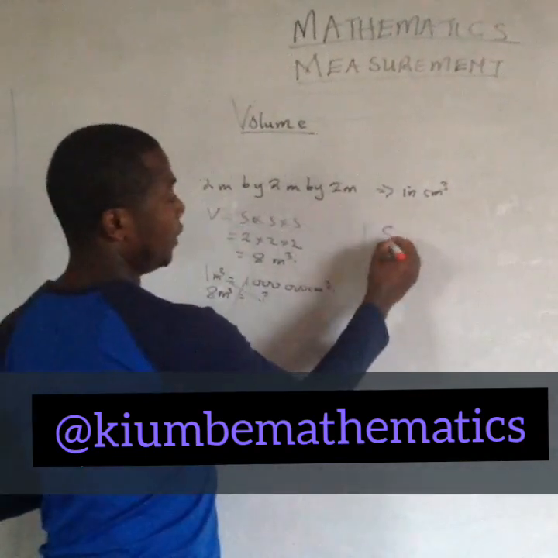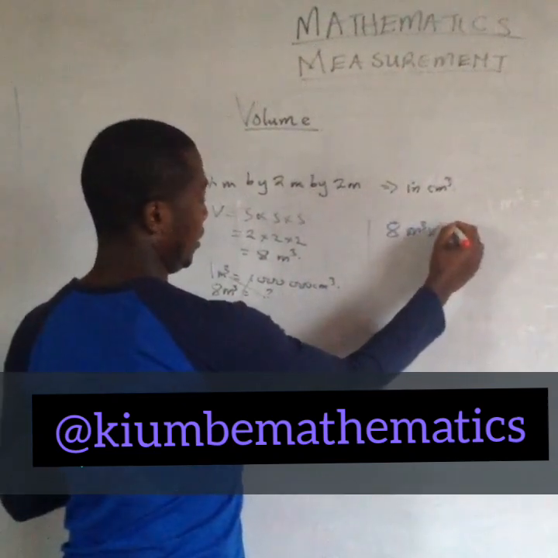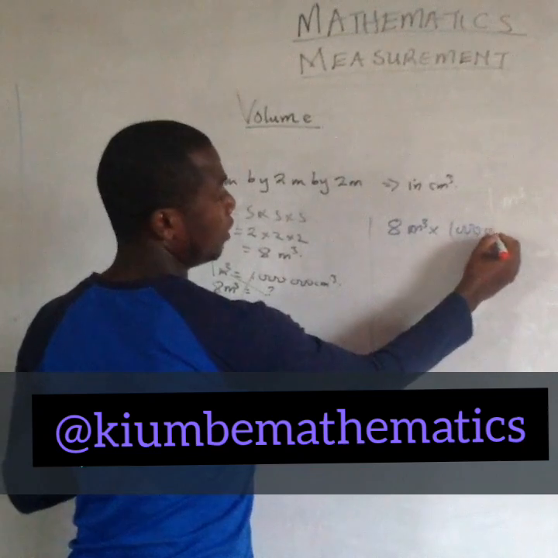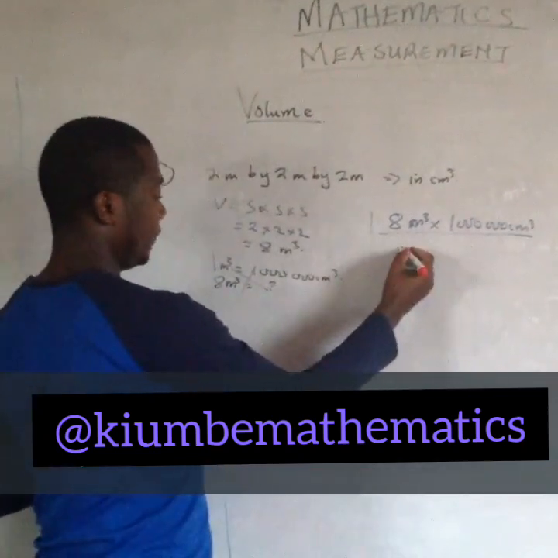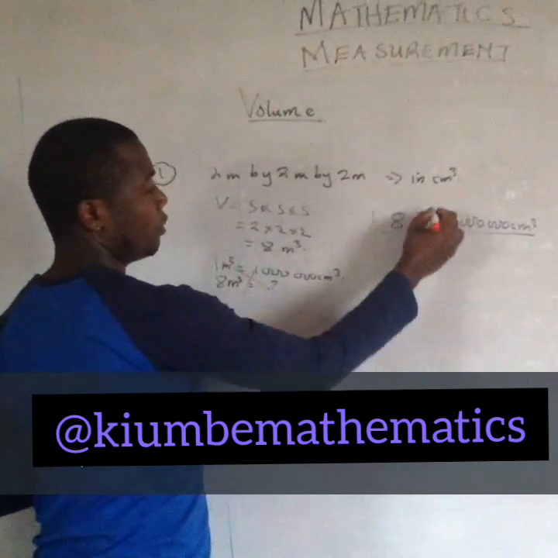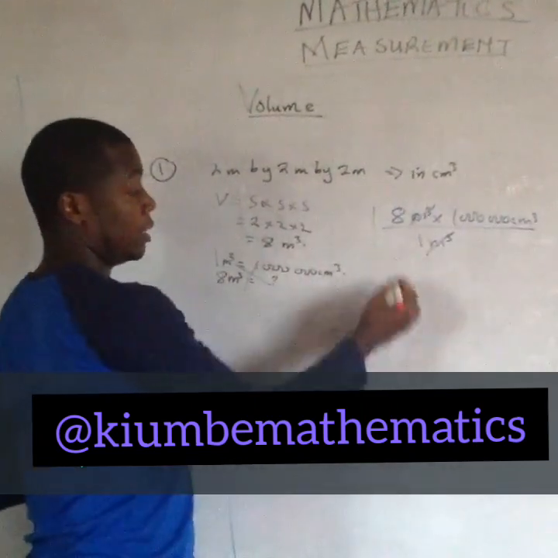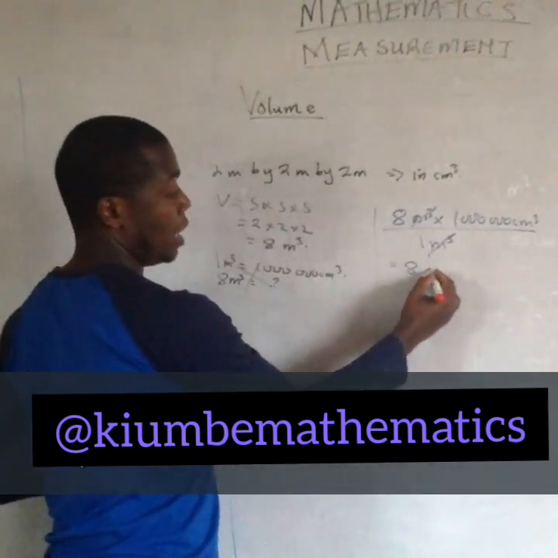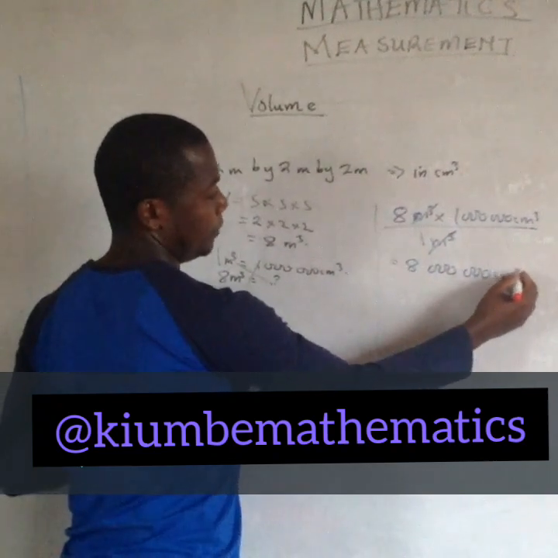We should have 8 meters cubed by 1 million centimeters cubed divided by 1 meter cubed. So the meters cubed and meters cubed cancel. Therefore, our answer shall be in centimeters, which is 8 million centimeters cubed.